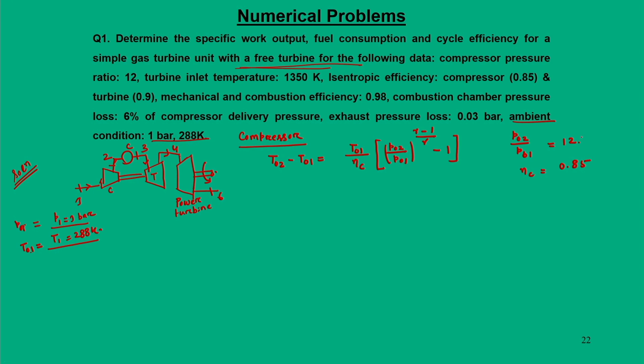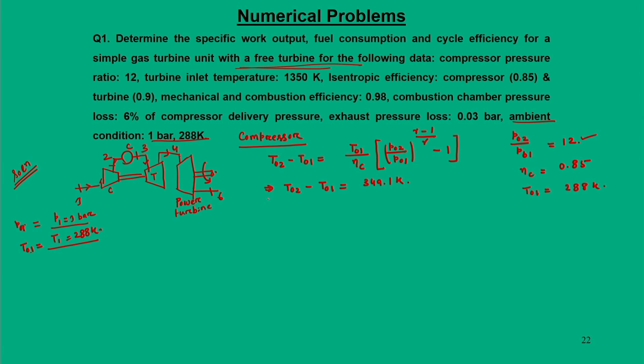So P02 by P1 is 12 and T01 is 288 Kelvin. By putting in these values we find T02 minus T01 as 349.1 Kelvin.